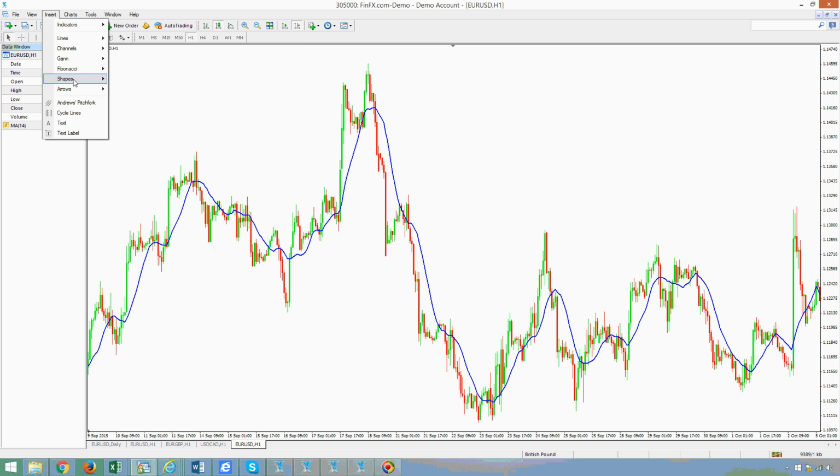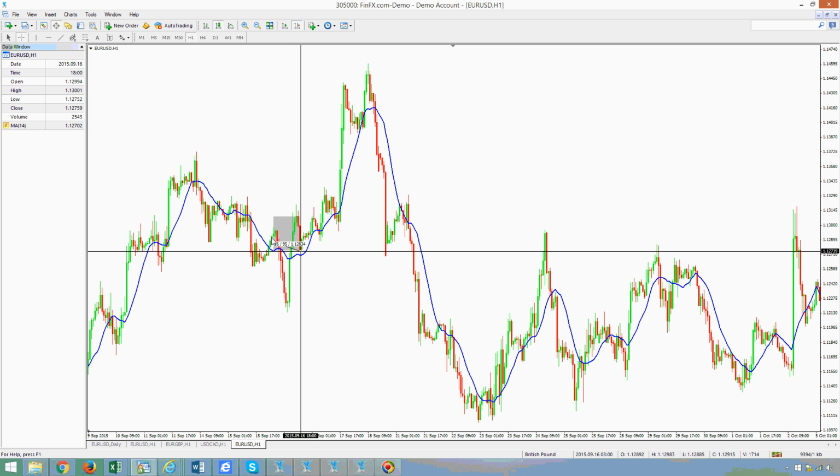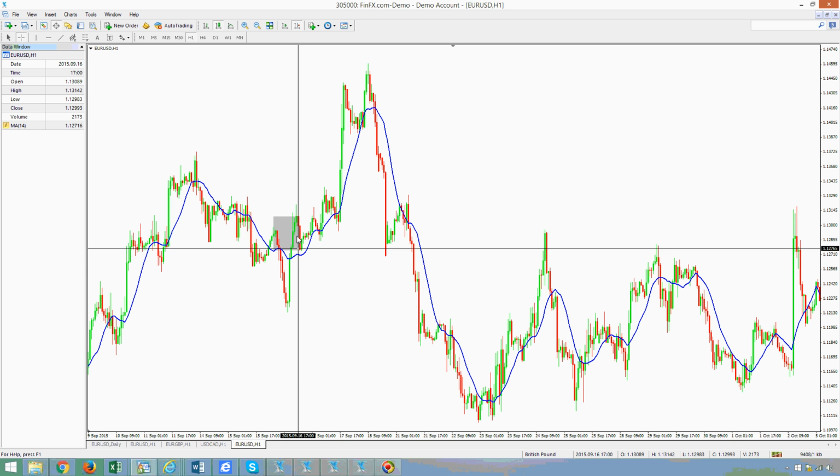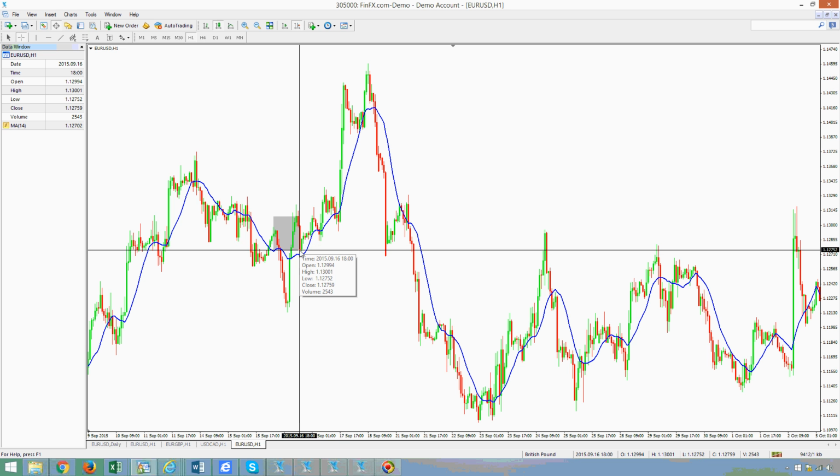So if you take the shape from here to here, we go with the last 14 candles. These 14 candles have an average, the moving average, of 1.1270, and then price actually closes at 1.1275.